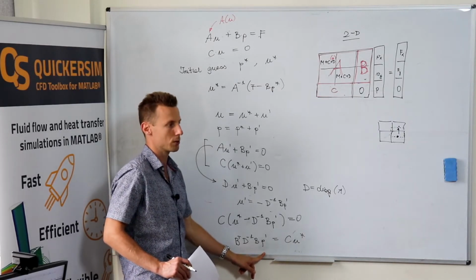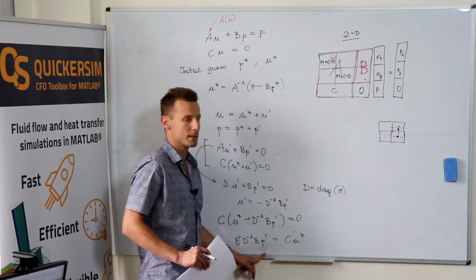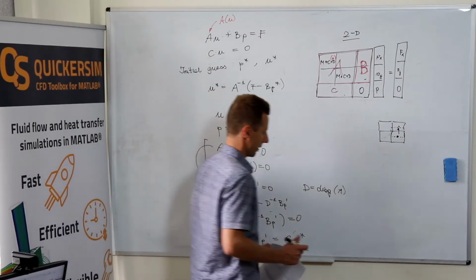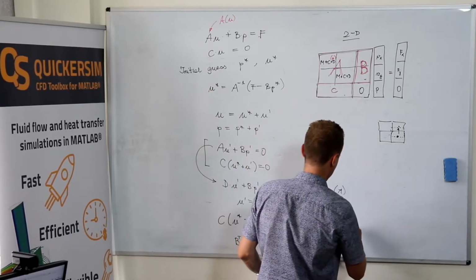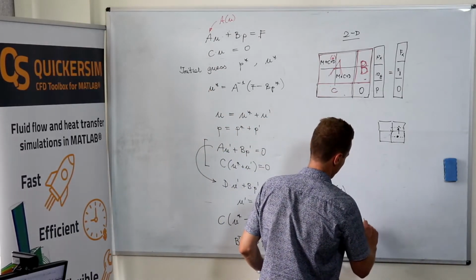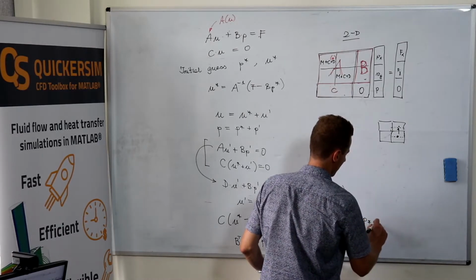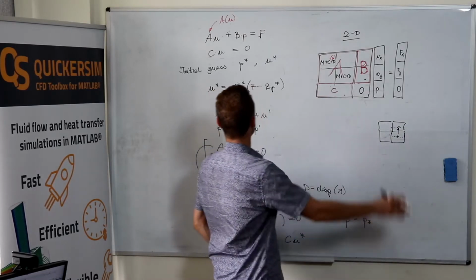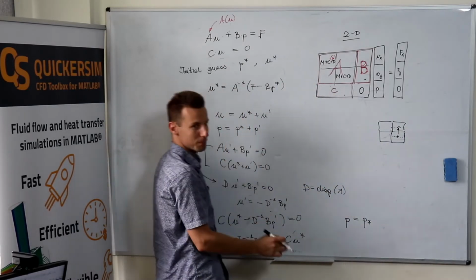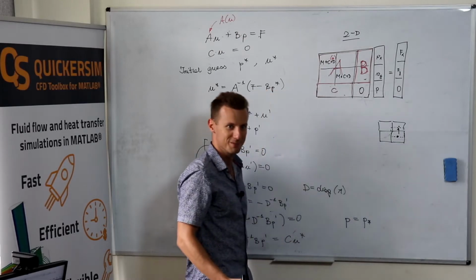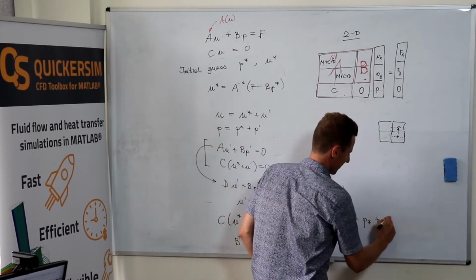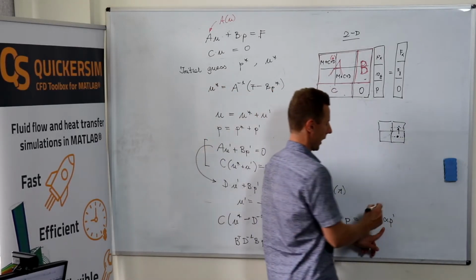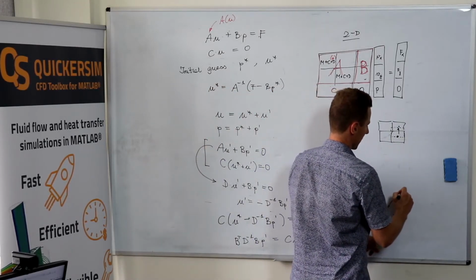This means you don't need to make any more updates to the pressure correction. Because the final step in the procedure is just to update P as P star, where here's the trick, you would say plus alpha P prime, alpha being the under-relaxation coefficient.